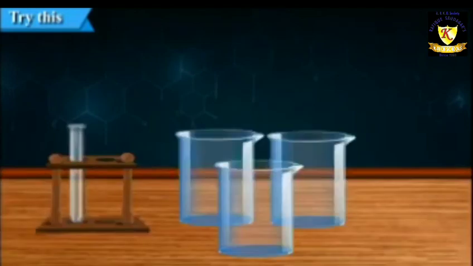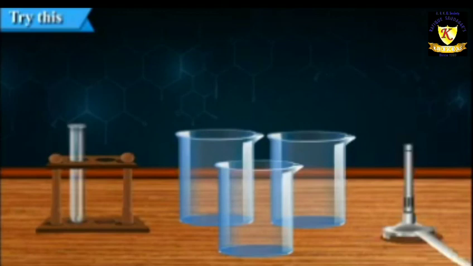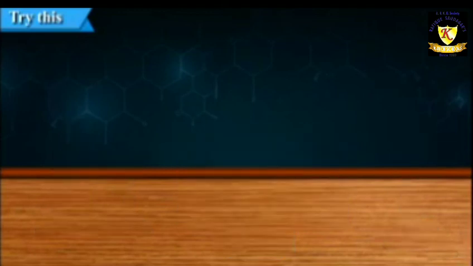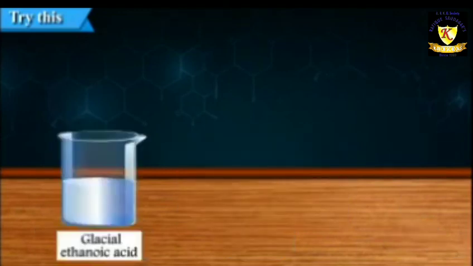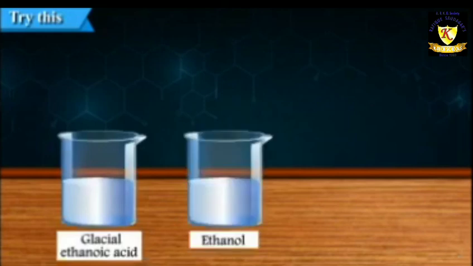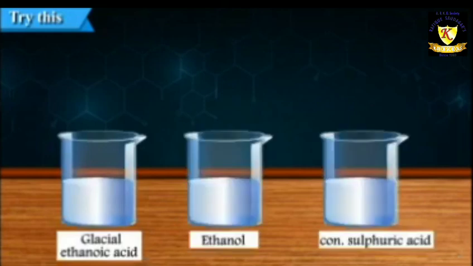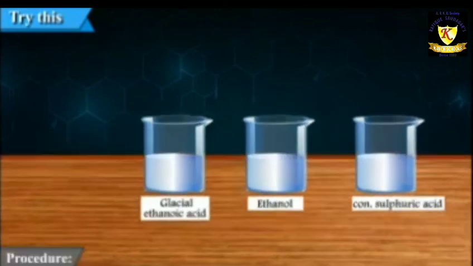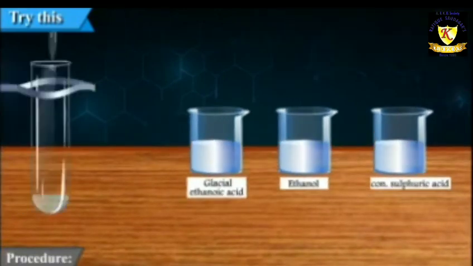Try this, children. Apparatus required: test tube, beakers, burner, etc. Chemicals required: glacial acetic (ethanoic) acid, ethanol, concentrated sulfuric acid, etc. Procedure: take 1 ml ethanol and 1 ml glacial ethanoic acid in a test tube.